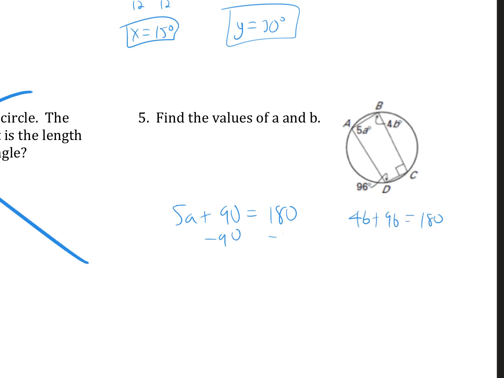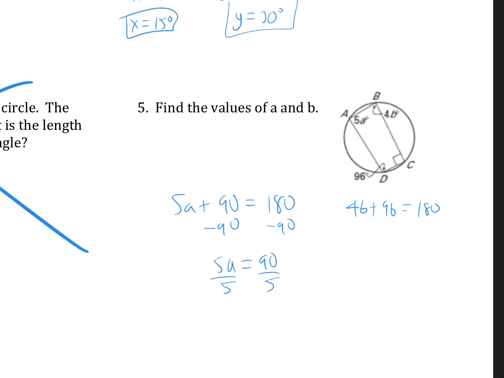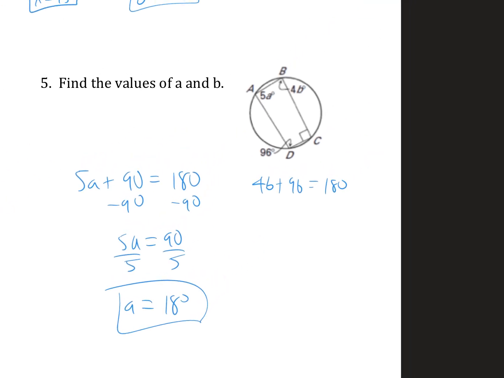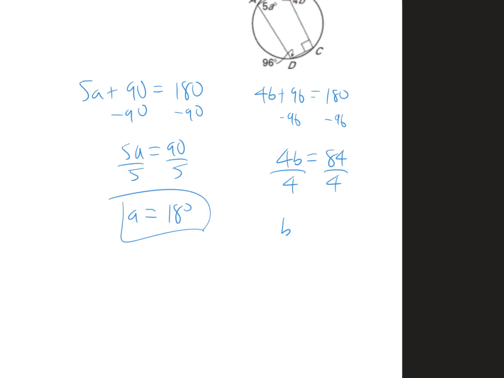Subtract 90. 5a equals 90. Divide by 5. We got a equals 18. Over here, minus 96. 4b equals 84. Divide by 4. And b equals what? 21.